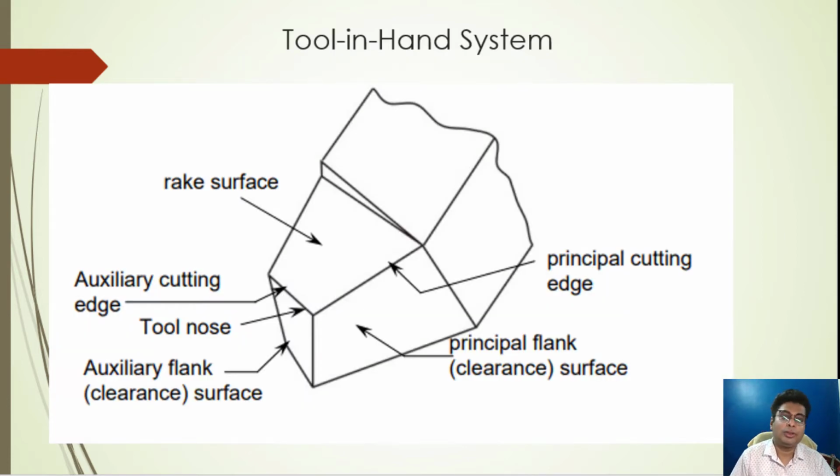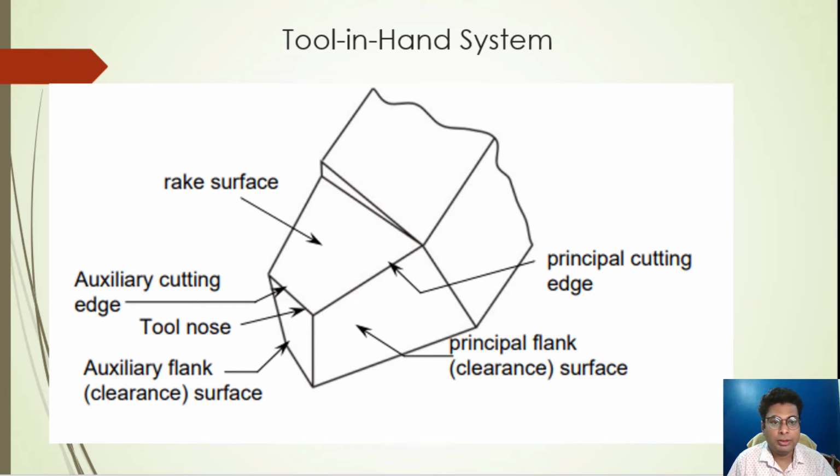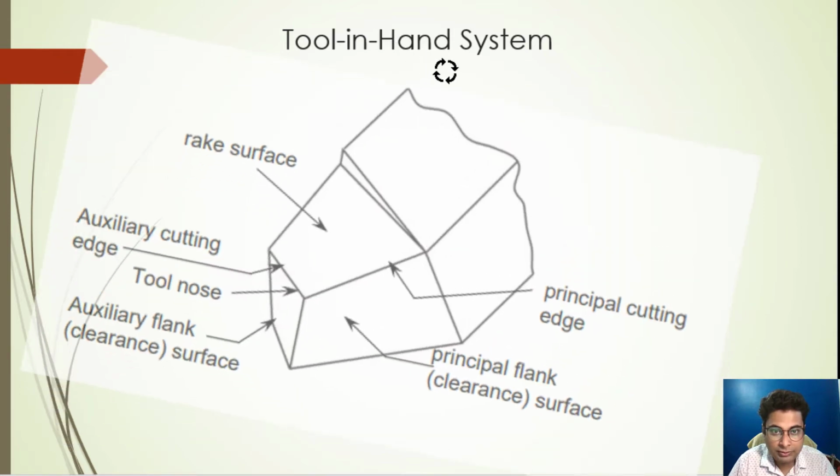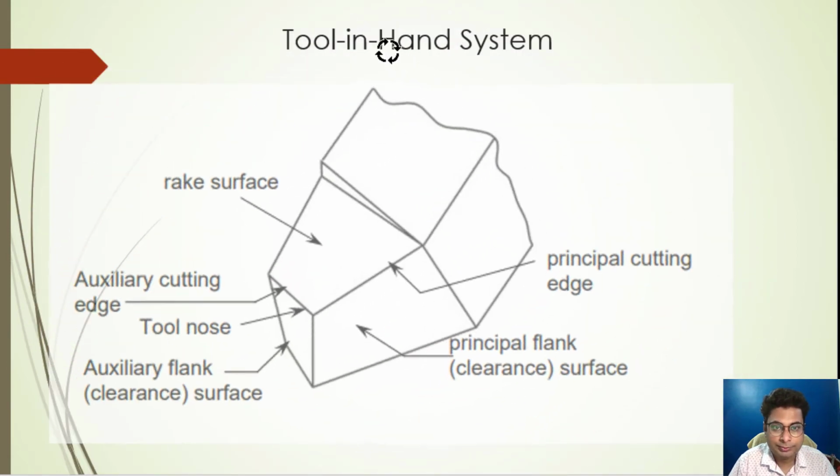Now the first thing is tool in hand system. I hope that you remember the concepts which we have spoken about during our previous lecture. Now in tool in hand system, suppose we are holding a tool in our hand. As I have shown you in the previous lecture, a tool is loaded like this onto the tool post.